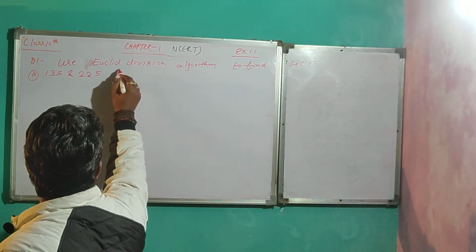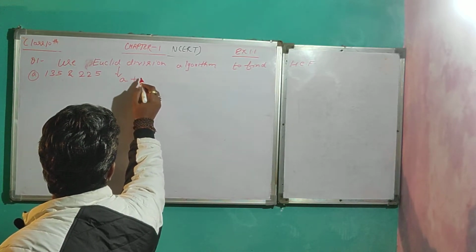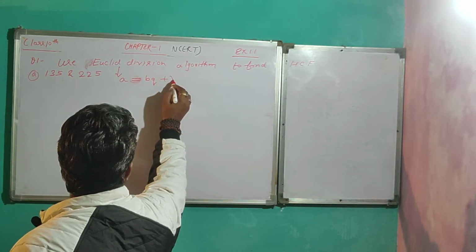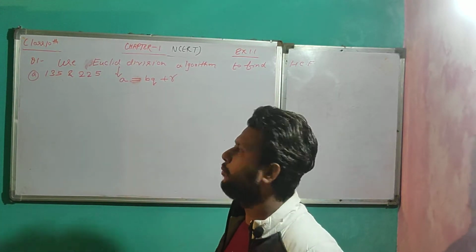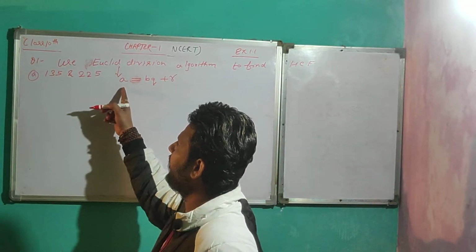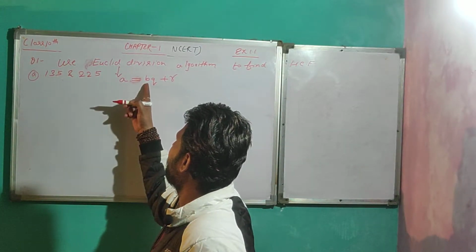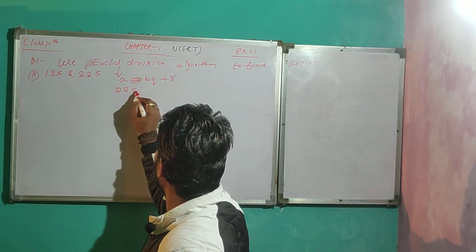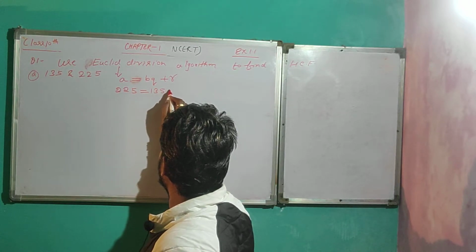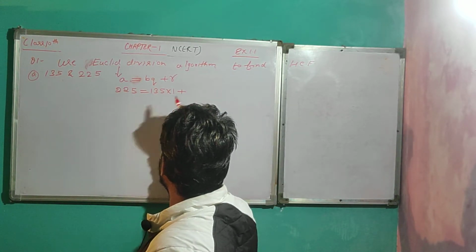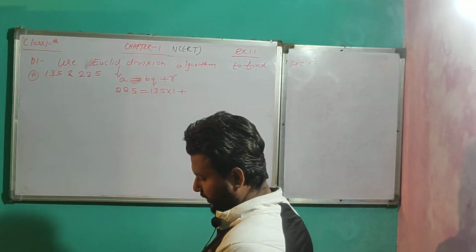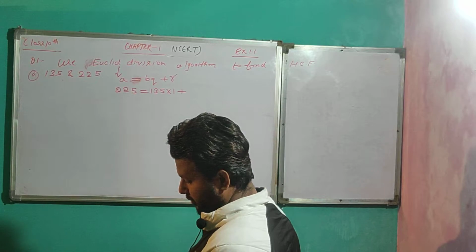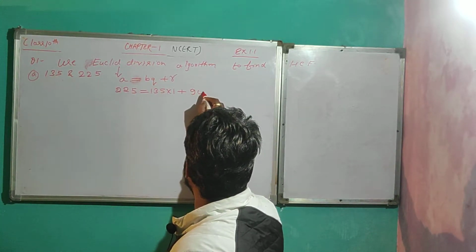According to it, A is equal to BQ plus R. Here putting the value of A as 225 and the value of B as 135, 225 is equal to 135 into 1 plus R. Subtracting 135 from 225, we get 90. So the value of R is 90.